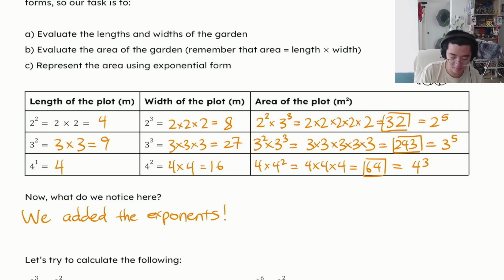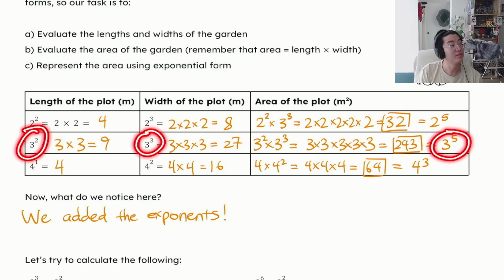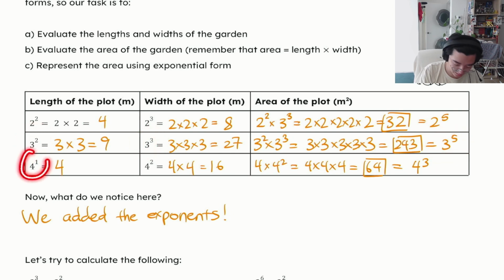And you can see for 3 as well: 3 squared times 3 cubed, we expand it all out, we get 3 to the power 5. Just the exponents 2 and 3, 2 plus 3. Next one, 4 to the power 1 times 4 to the power of 2: 1 plus 2 is 3, 4 to the power of 3.